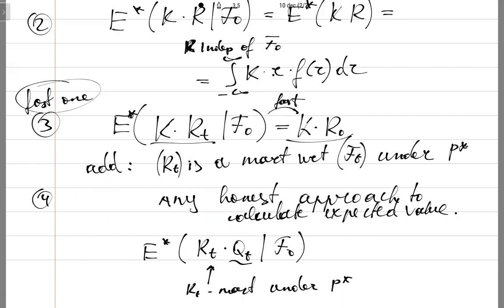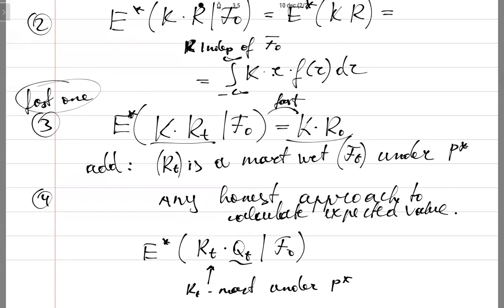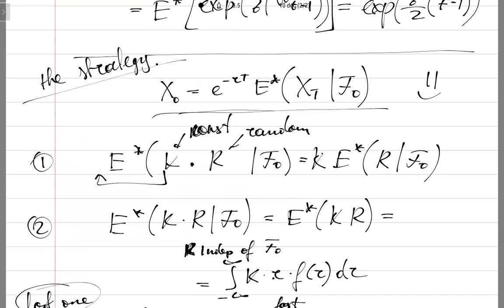For example, in our previous case, a martingale was multiplied by an indicator, a random variable, and it's not a martingale, so you cannot use the martingale property. So it's up to you how you calculate expected value, but you should respect the properties of expected value.